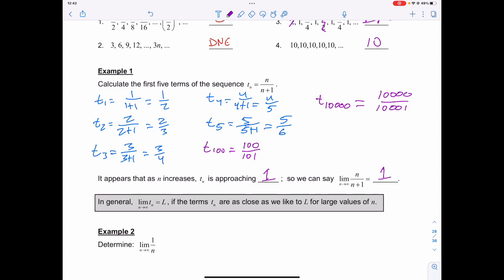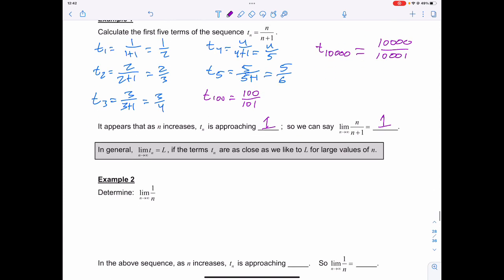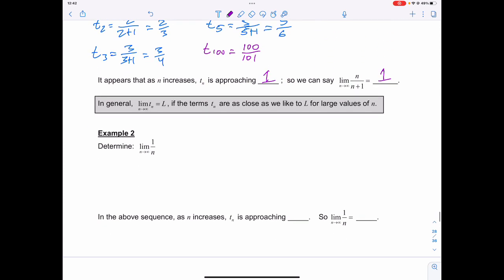So in general, the limit as n approaches infinity of Tn is just going to equal L if the terms Tn are as close as we like to L for large values of n.